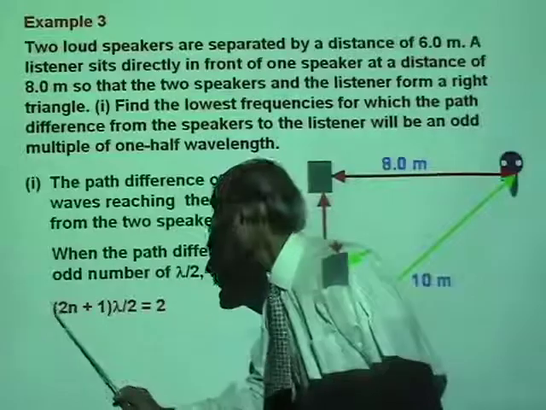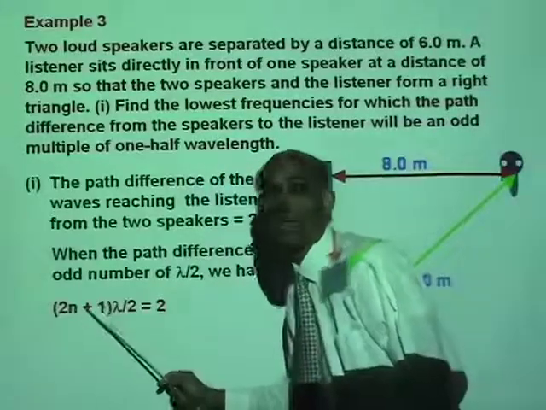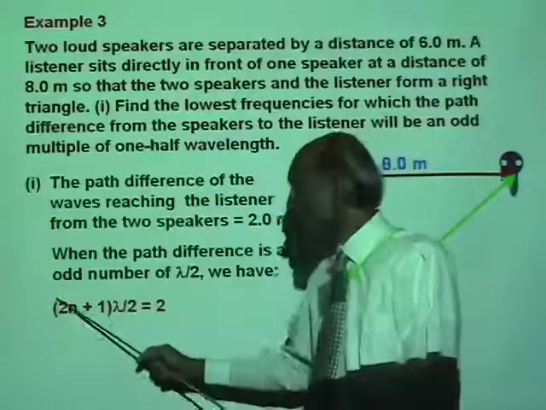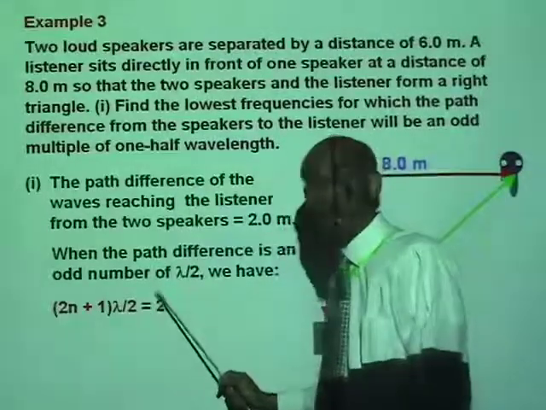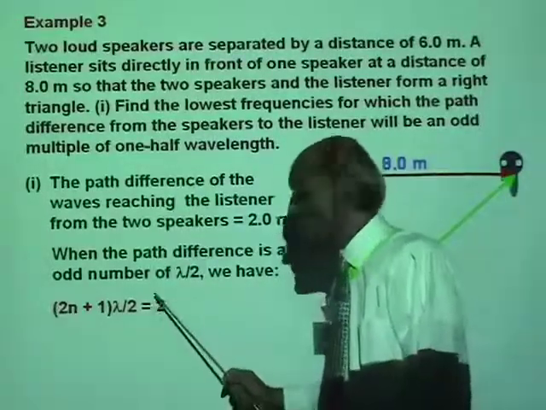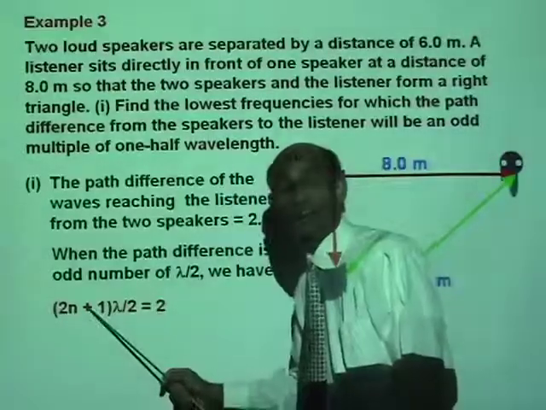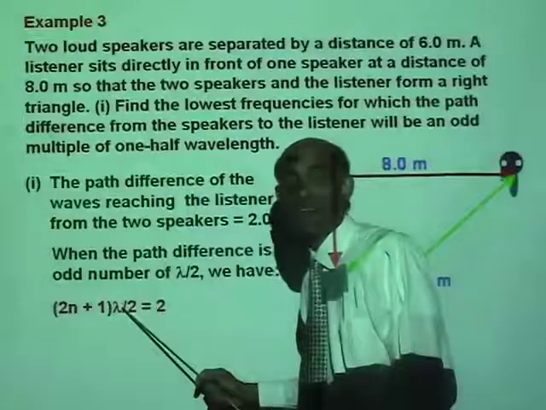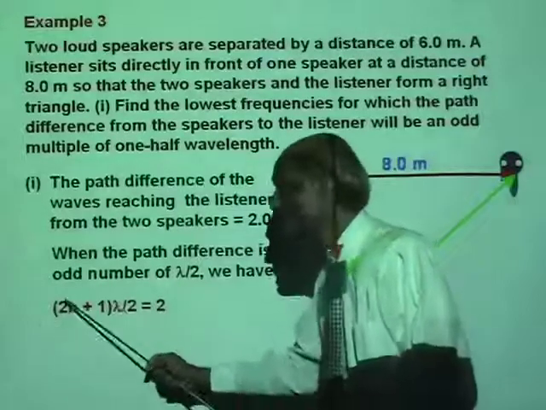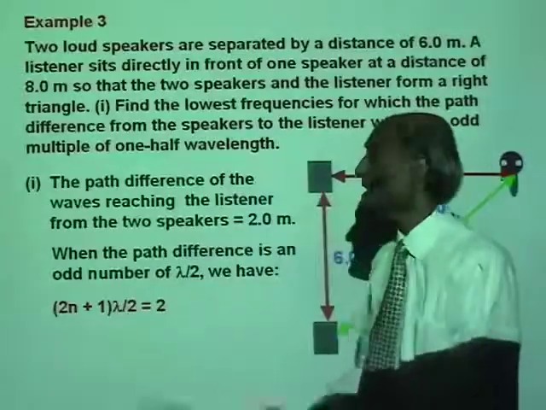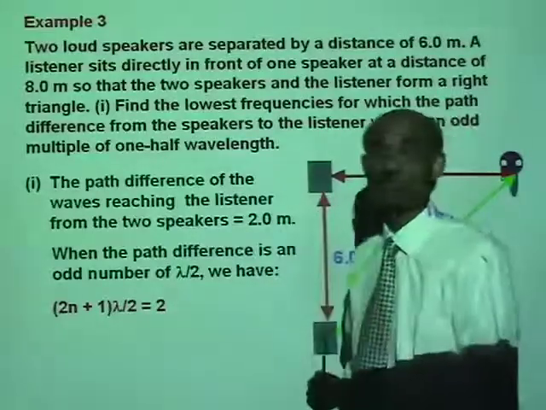This is how you represent the odd integer multiple of half a wavelength. And the path difference, that is 2 meters, must be equal to an odd multiple of half a wavelength. So we have the equation 2n plus 1 times lambda by 2 must be equal to the path difference 2.